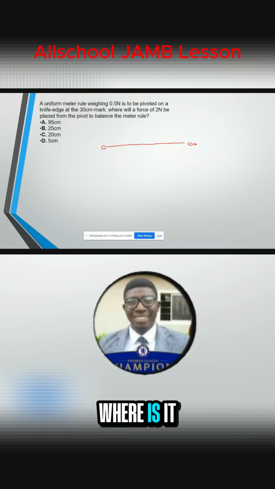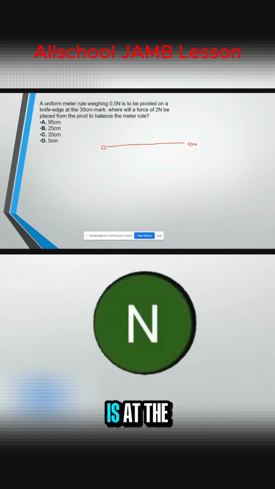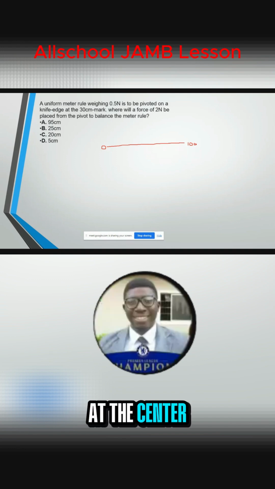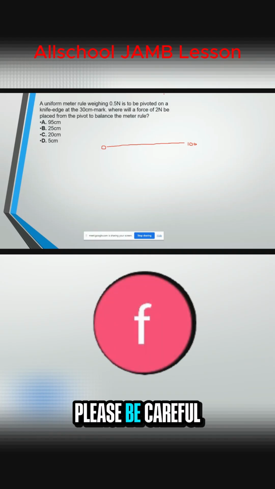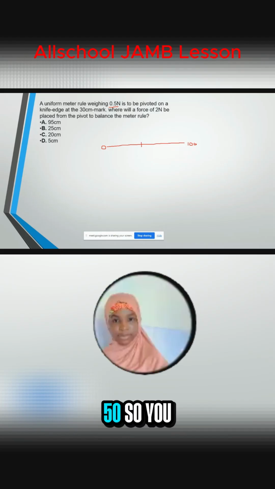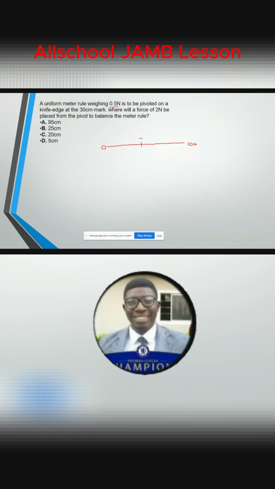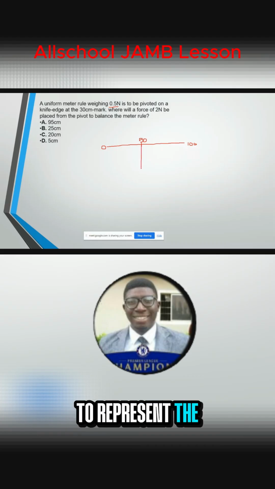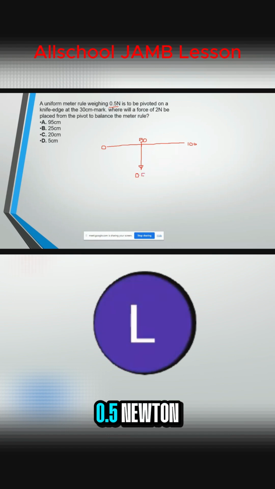The weight of the meter rule acts at the center of gravity, so please be careful with this. So this 0.5 Newton, you come to the center, which is 50. So you write 50 here. Then you draw a line down to represent the weight of the meter rule, and the weight of the meter rule was given here. So this is going to be 0.5 Newton.